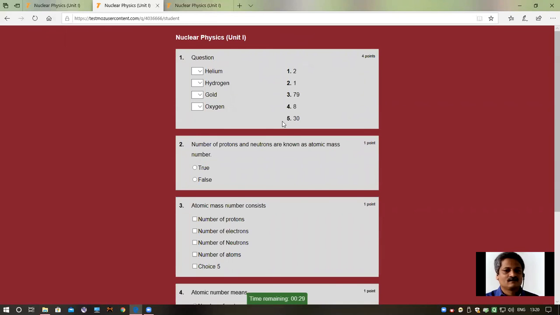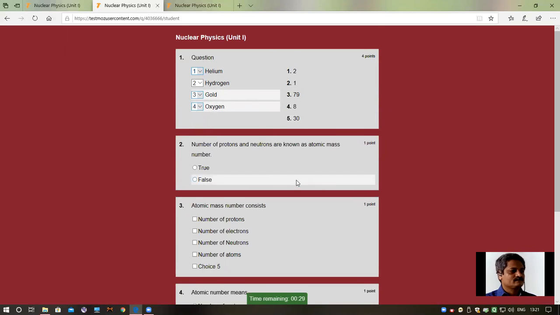See here, every time questions are shuffled. Now I will answer this question. Helium is 2, sorry, helium is 1. Gold 79 is on 3, oxygen 8 is on 4.